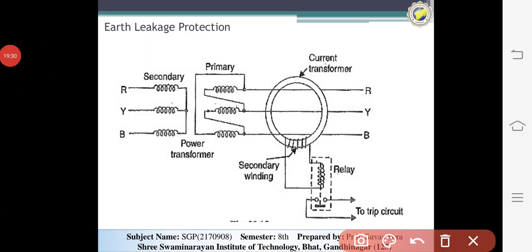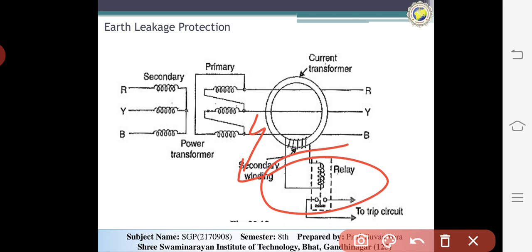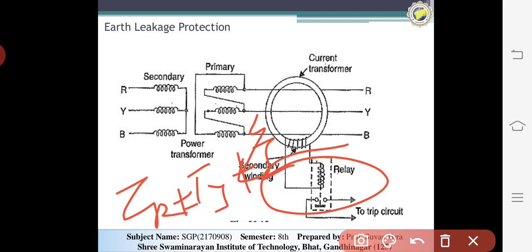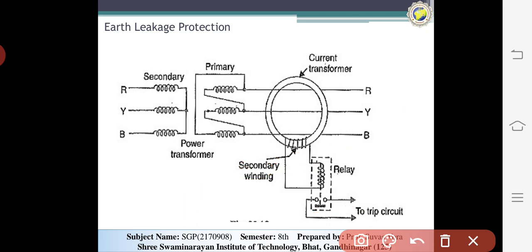So here we can use the protection system. If I consider that the Y phase has a fault, then IR plus IY plus IB is not equal to 0, so at that time the CT will sense the current.